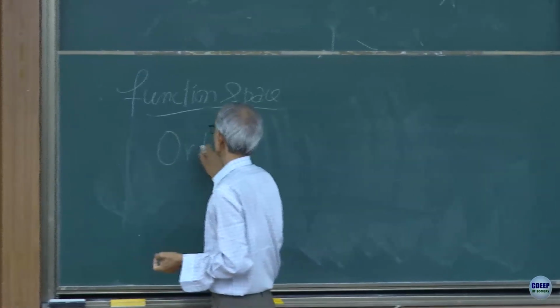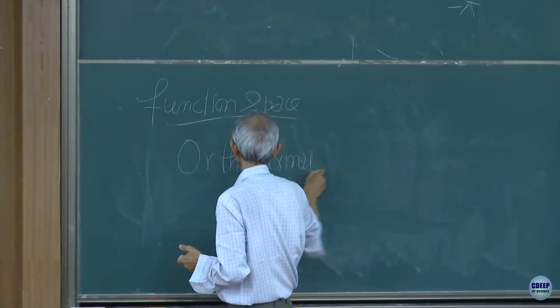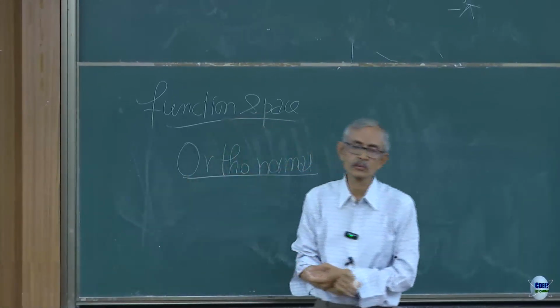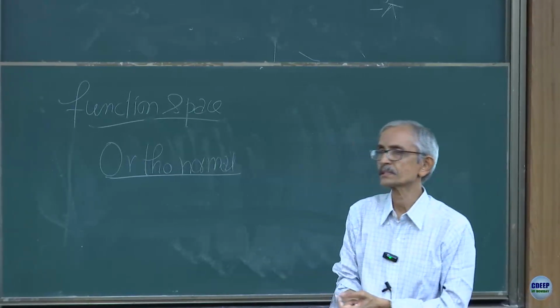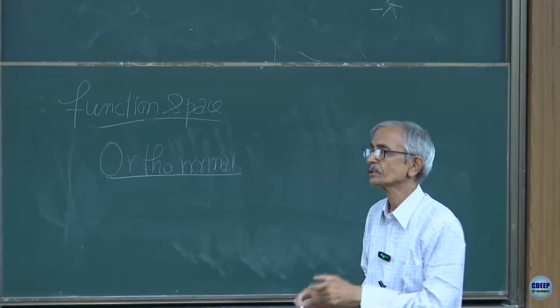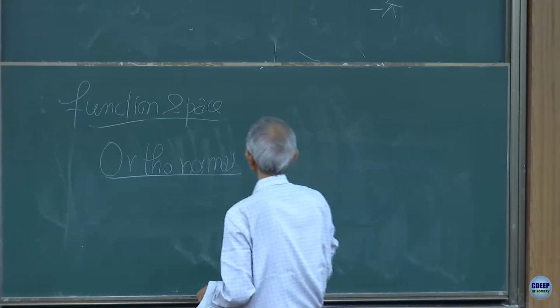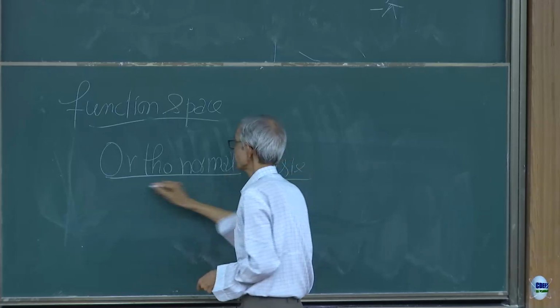We had an orthonormal basis. This is a convenience for us. So we had orthonormal basis functions. We are going to use the same definition here. We are going to choose orthonormal basis functions. Now what was orthogonality?